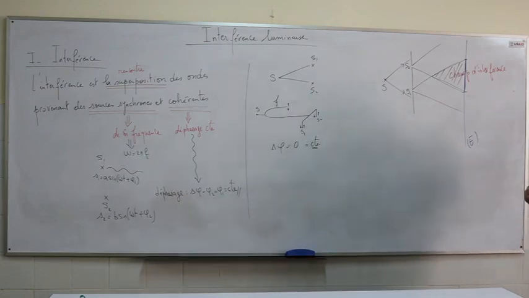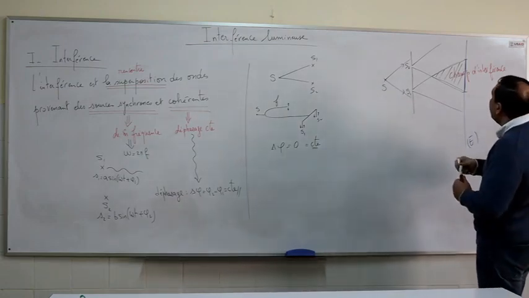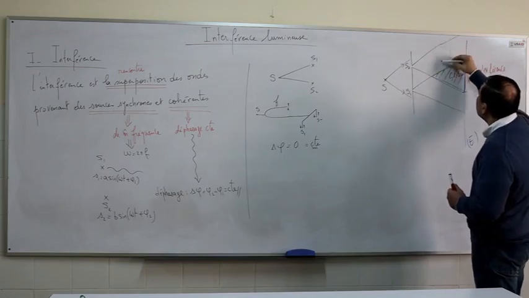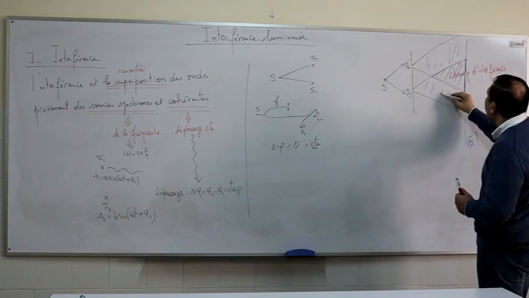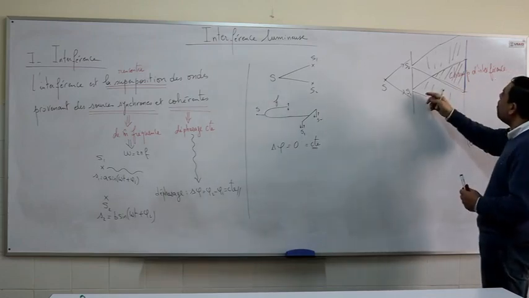Here on the screen, we observe the interference figure. In the two other regions, interference doesn't take place, only in the common region where the two diffracted beams meet.